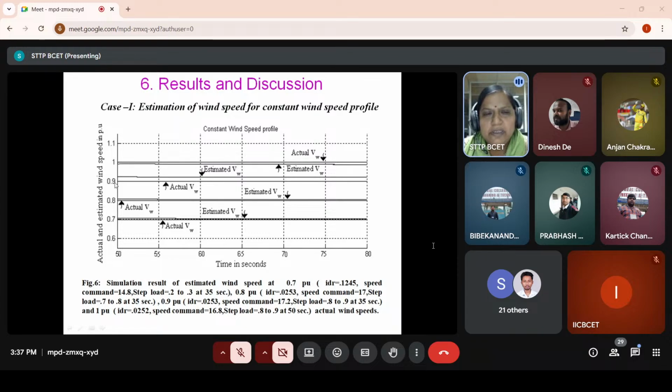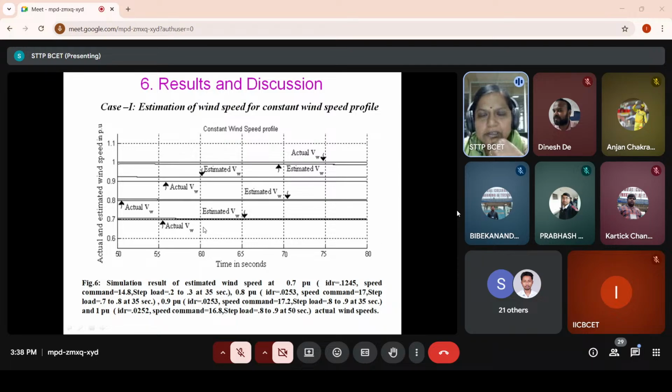If you're choosing 0.9 as actual wind speed, and this is the estimated wind speed, here also some error is there. And if you're choosing 0.8 as actual, and the upper one is representing the estimated wind speed. Similarly, 0.7 if you are choosing the actual, and the upper one is the estimated wind speed. So you can find here also little bit of error is there.